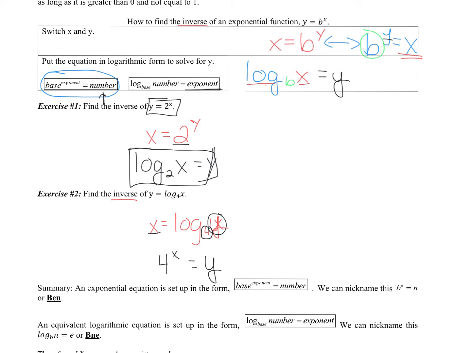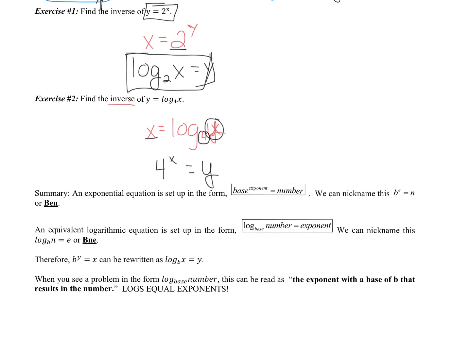Now we have a little way to remember where stuff goes, and that's the words Ben and Benny. So when we're in exponential form, and it's really just like translating, exponential form is just a different way to write stuff. It's our usual way that we're used to. We have base to the exponent equals the number. So that's in the form Ben. So base to the exponent equals the number, okay?